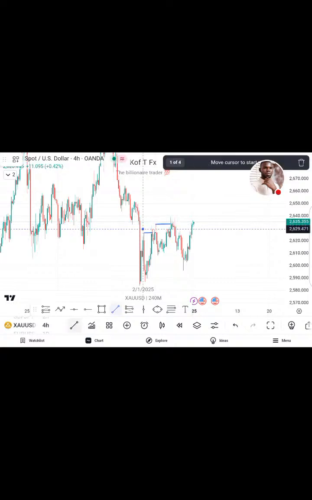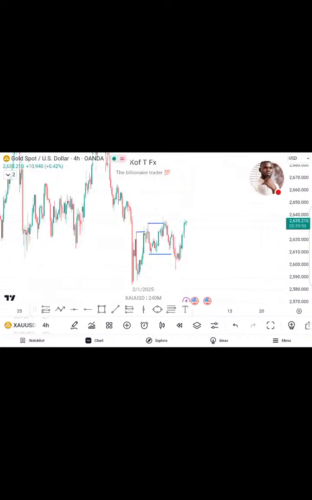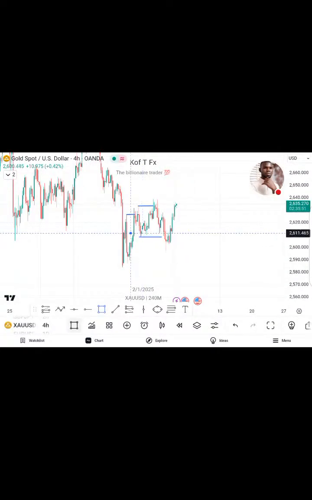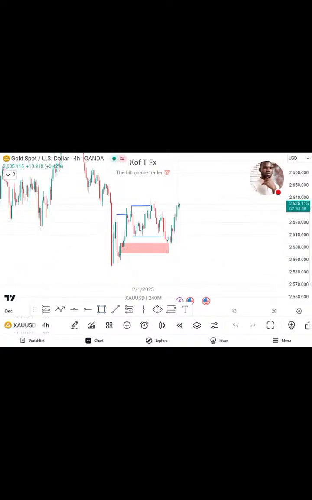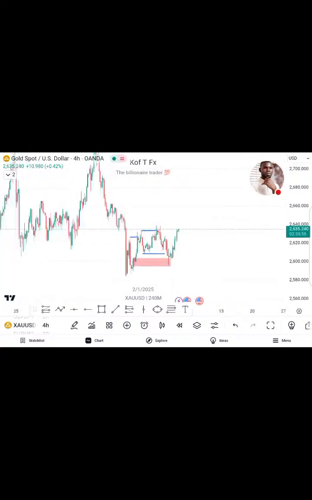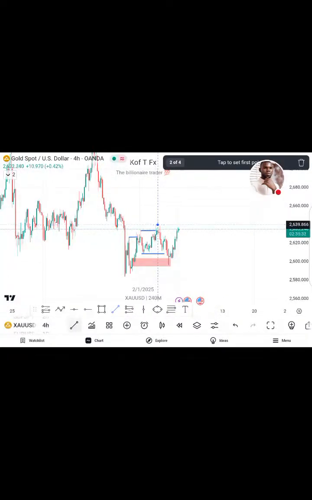This is a 4 hours time frame, and price came down to take out this low and come back for a proper mitigation around here. So the first target is actually this area. The first target is here.